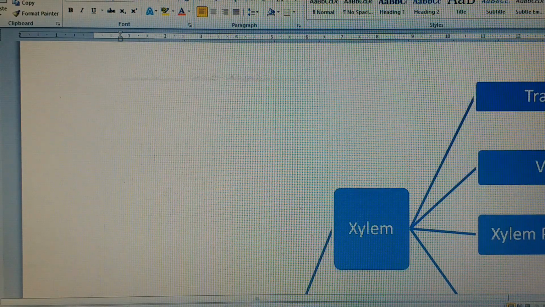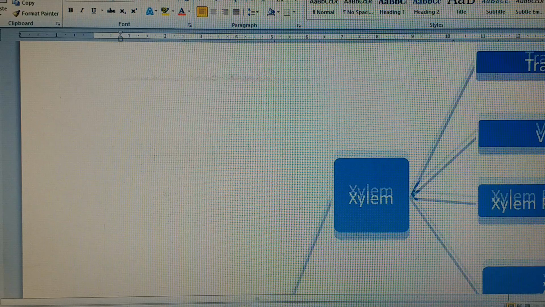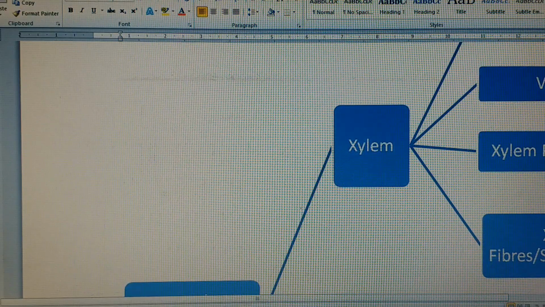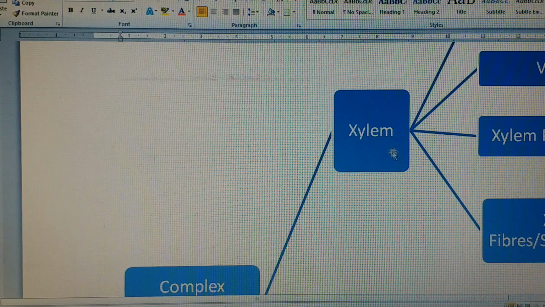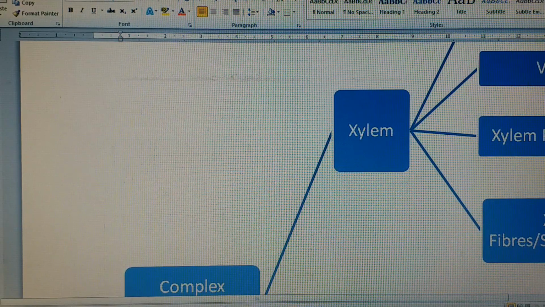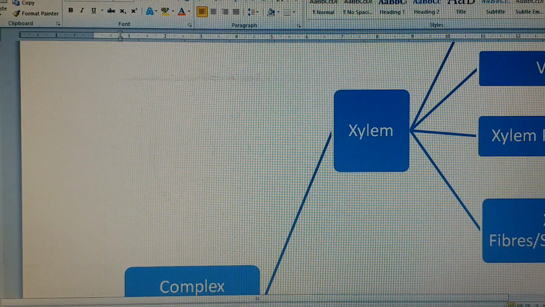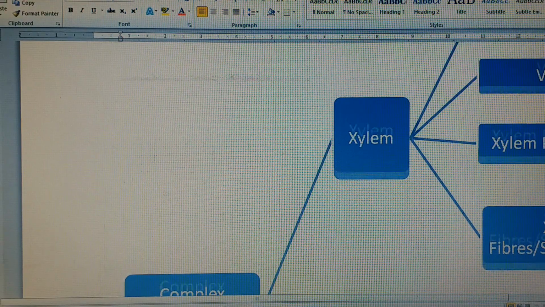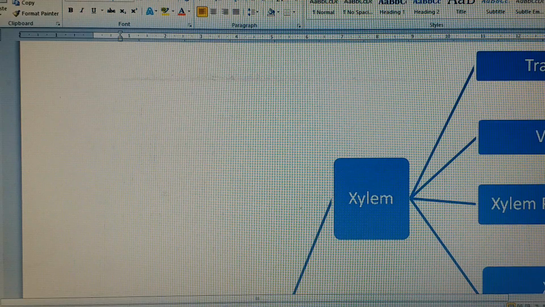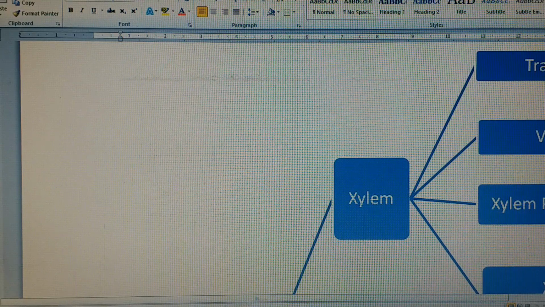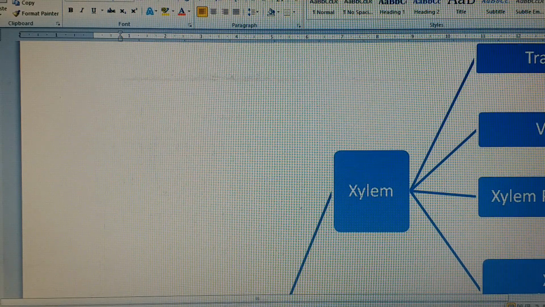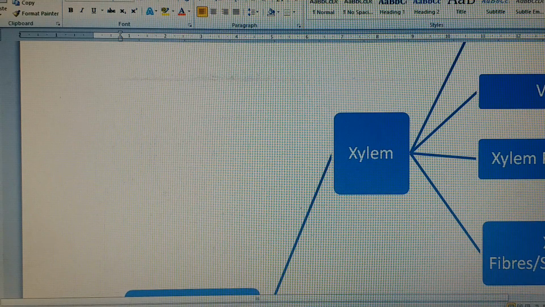What are their categories? The complex tissues are divided into two categories. The first one is xylem and another one is phloem. Xylem has these types of cells: first is tracheids, next is vessels, next is xylem parenchyma, and next one is xylem fibers.